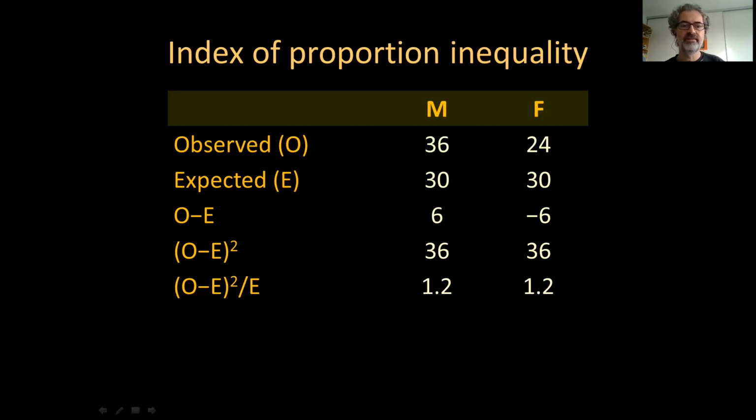So after we've divided each square deviation by the corresponding expectation, so this divided by this, and this divided by this, then we end up with these numbers, and then we just add them up. We add up all these relative square deviations, and if we want to display this with a formula, it's this one.